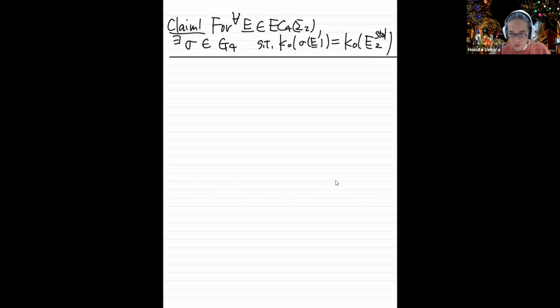So on the Grothendieck group level, transitivity can be proved by this claim.